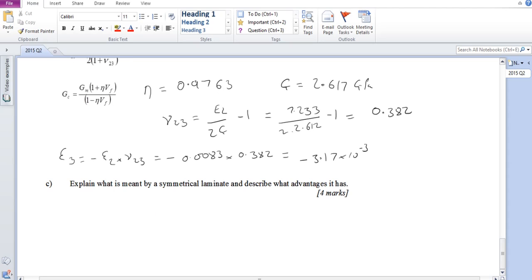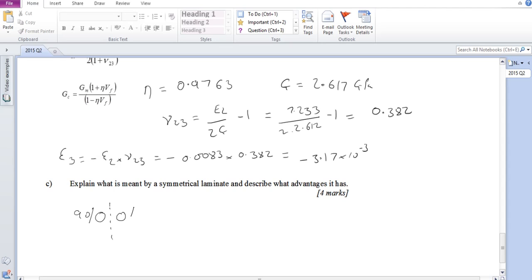Okay, the last bit that we have then is what's meant by a symmetrical laminate and describe what advantages it has. Well, this is where we have laminates with different layups through the different fibre orientations through the layup, and a symmetrical one will have a reflection through the midpoint. So if we had a composite that had a 0° fibre, 0° layer there, it would also have a 0° there.